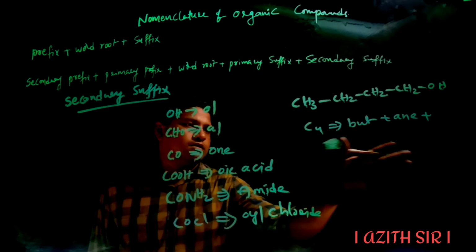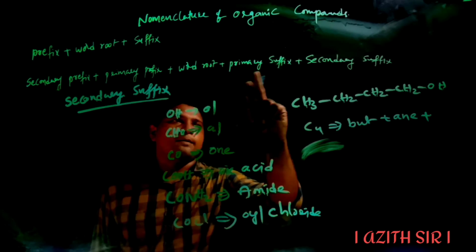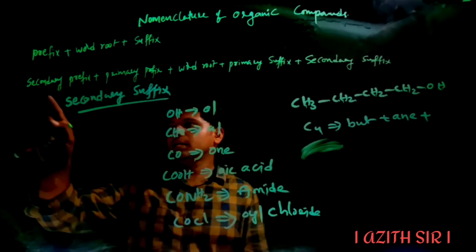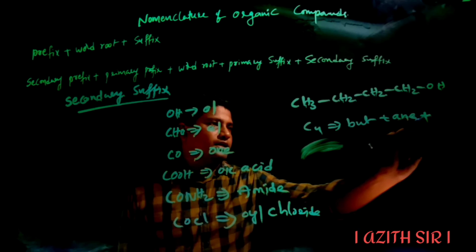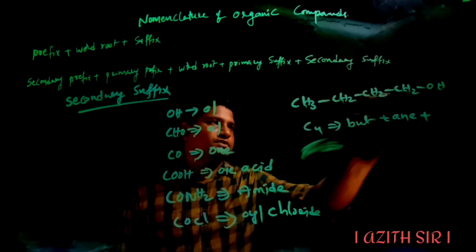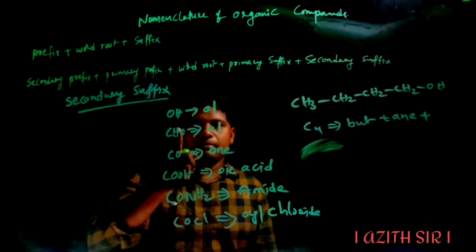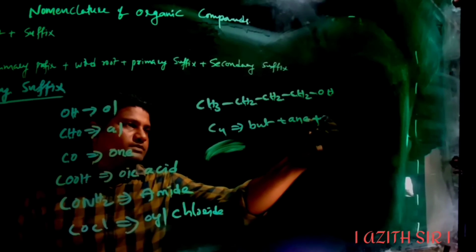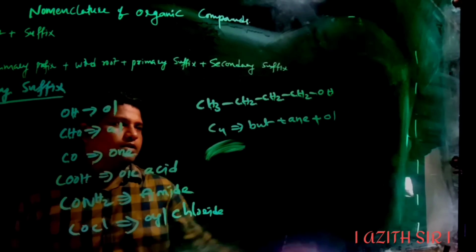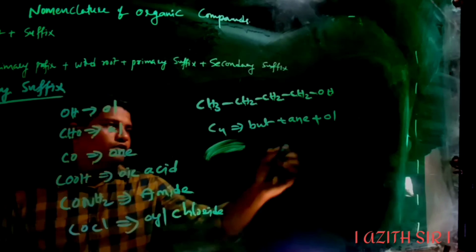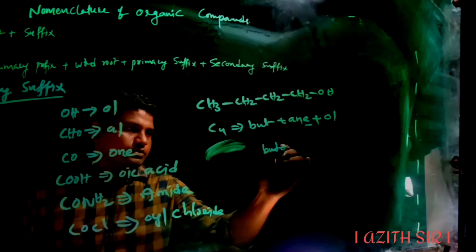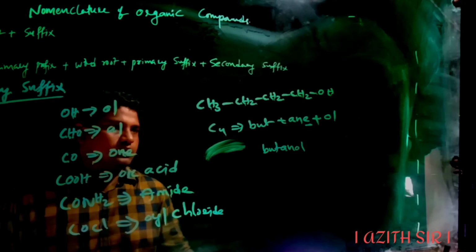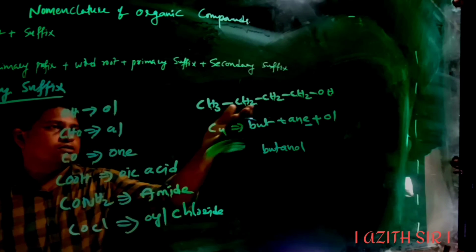Plus there is no secondary prefix and primary prefix. Then only the secondary suffix, that is OH, means ol. So removal of this e and add this 3, butanol. So this is the nomenclature of this compound.